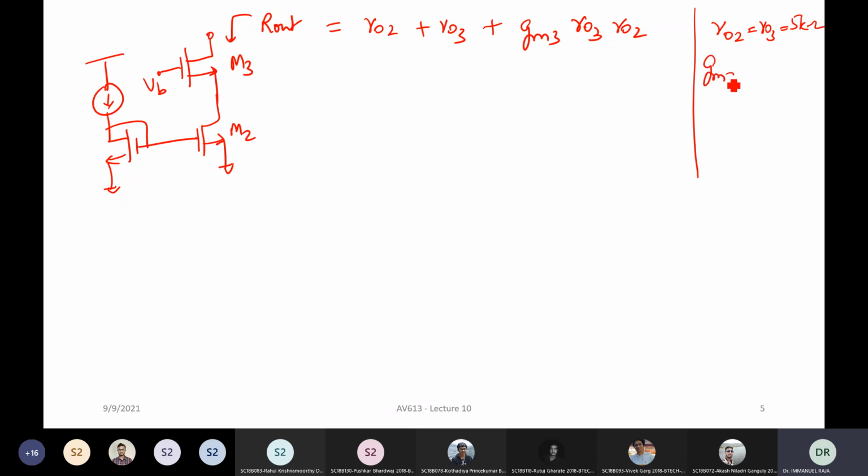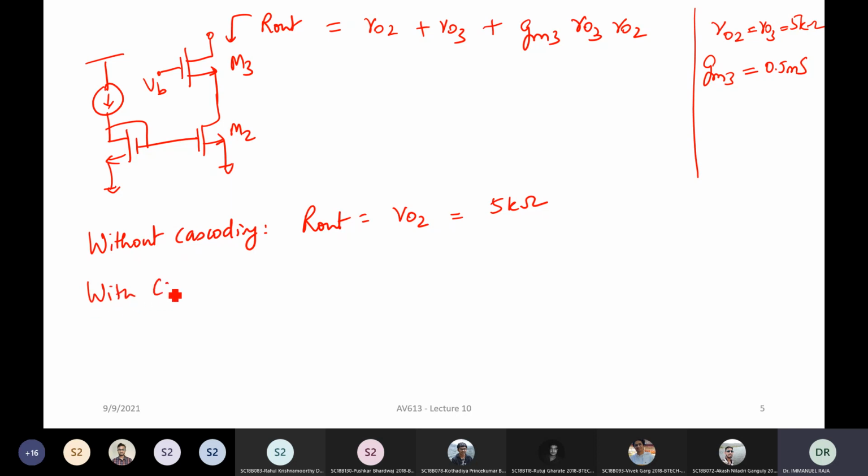And let's say your GM3 is some 0.5 millisiemens. All right, very reasonable values. Now, if you had a single transistor, without cascoding, what happens to your R out? Your R out will be equal to R02, which is 5 kilo ohm, right?